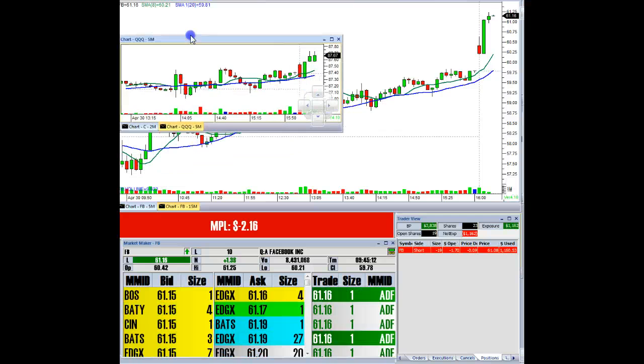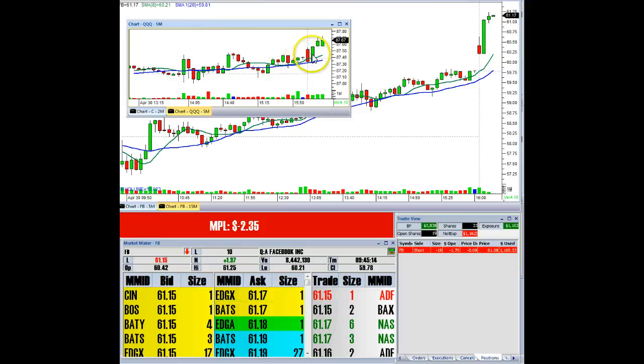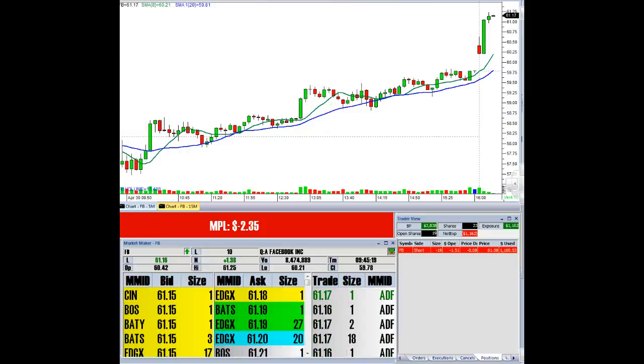You can see the market here is up right now, so it's helping to push Facebook higher.